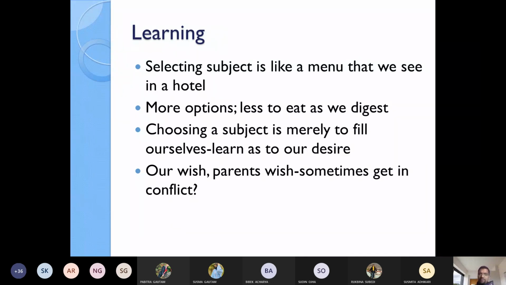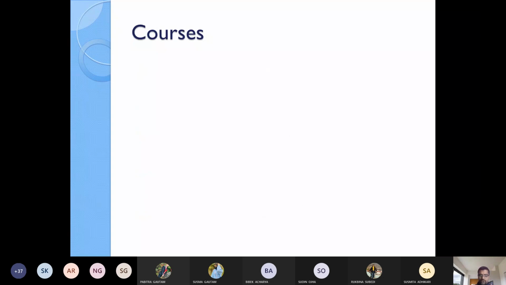I see many students, many children who choose a subject they don't like because they have to, because of their parents' desire. So what is education then? To whom it is for is a concern.